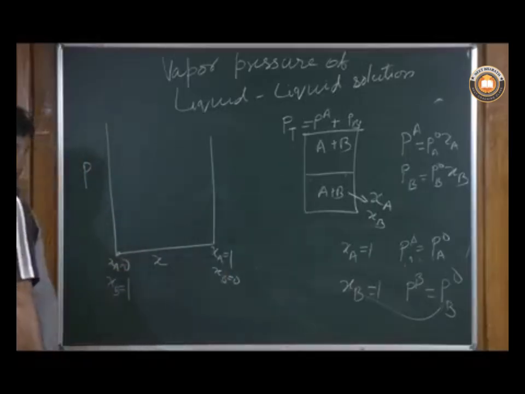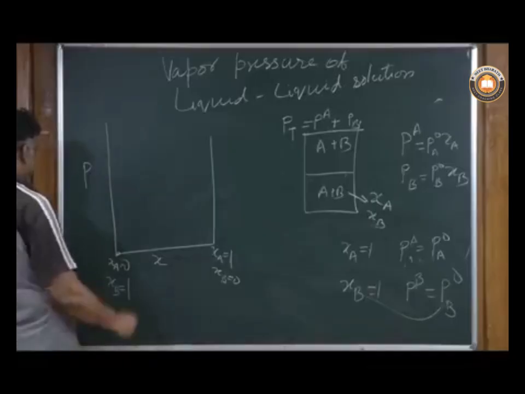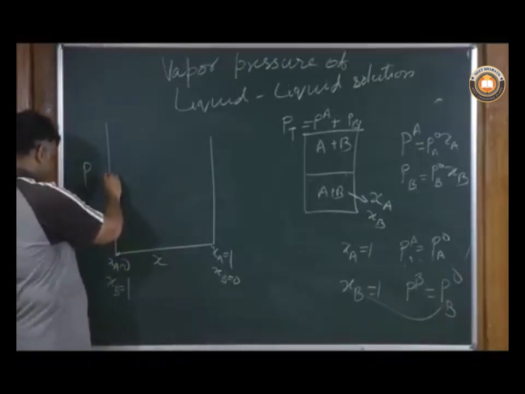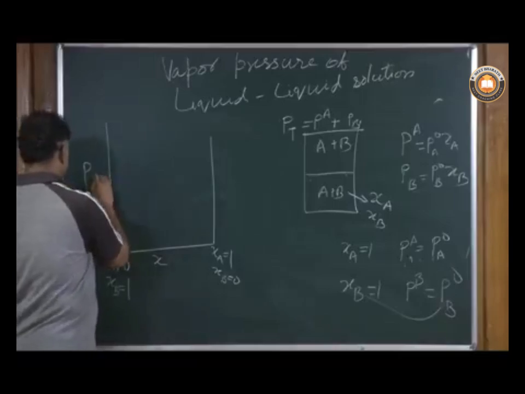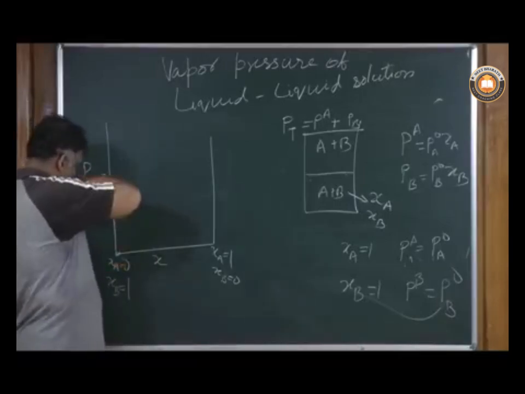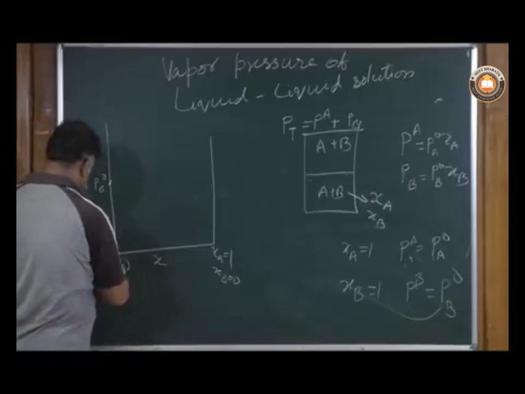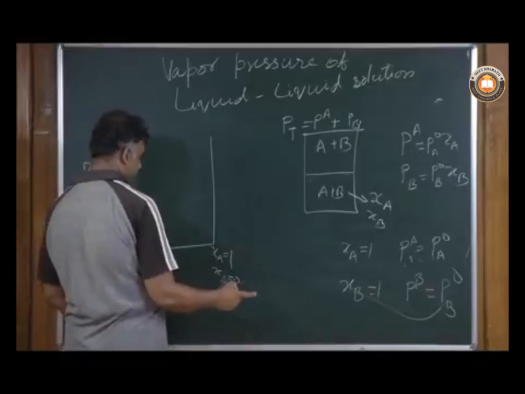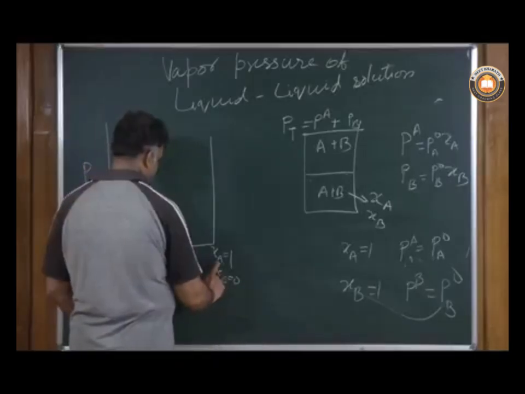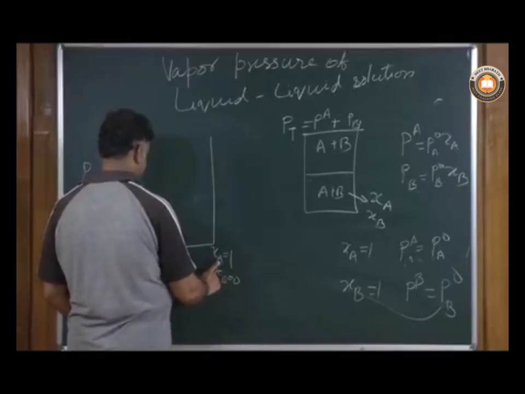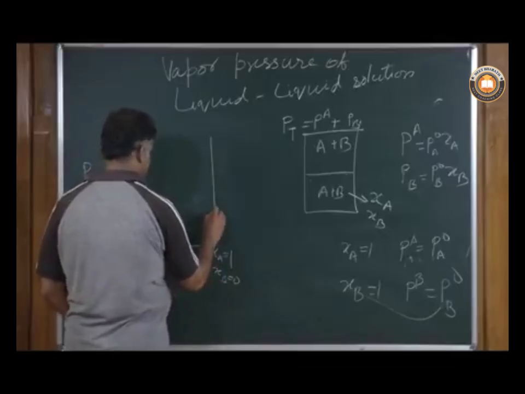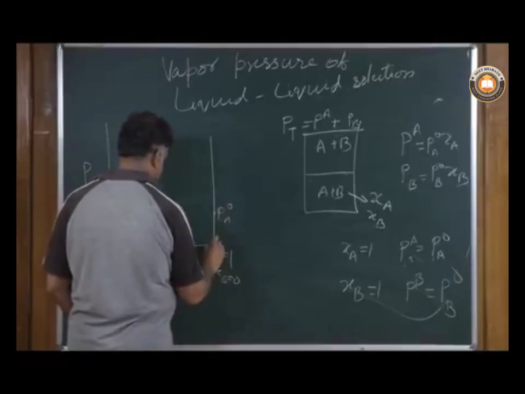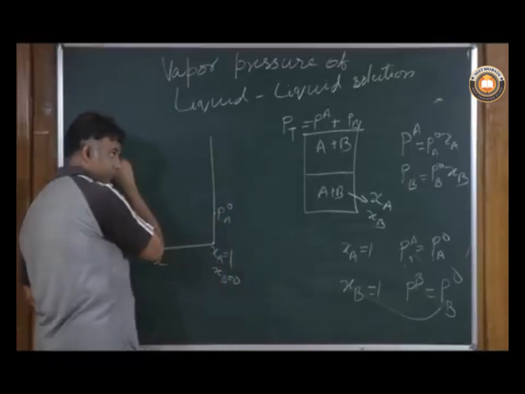So, when we have a pure B, the partial pressure of B is going to be P B 0 and partial pressure of A is going to be 0. What about when we have a pure liquid A? Then the partial pressure of A is going to be P A 0 and partial pressure of B is going to be 0.